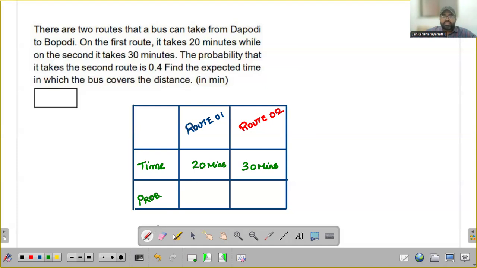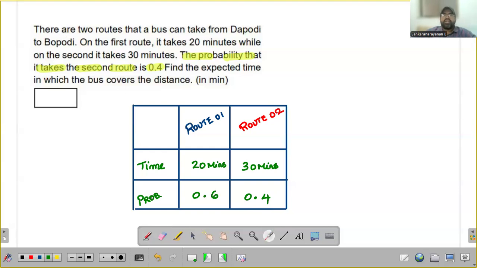It is given in the question that the probability that it takes the second route is 0.4. So route 2, the probability is 0.4. So if that is the case, the probability that route 1 is taken is 1 minus 0.4, that is equal to 0.6.